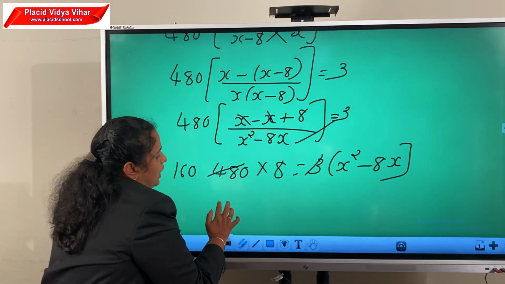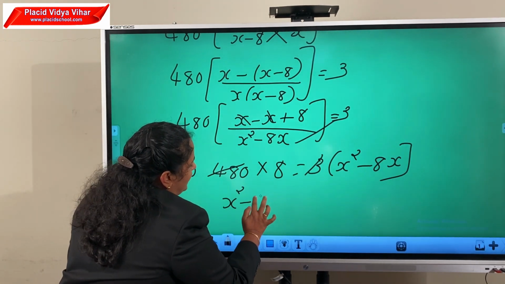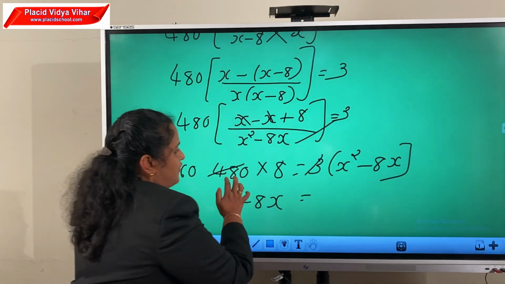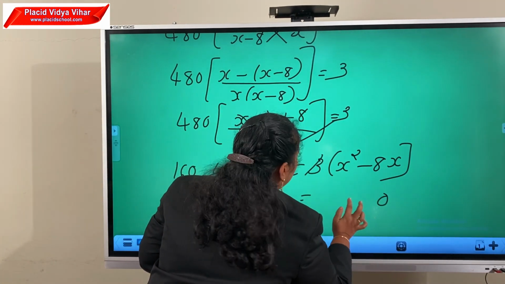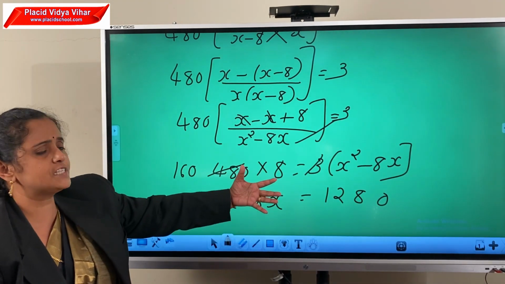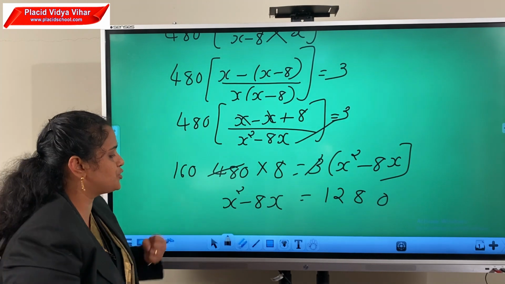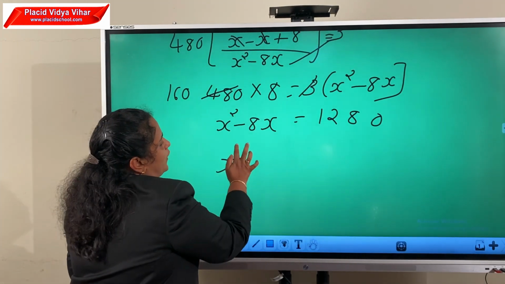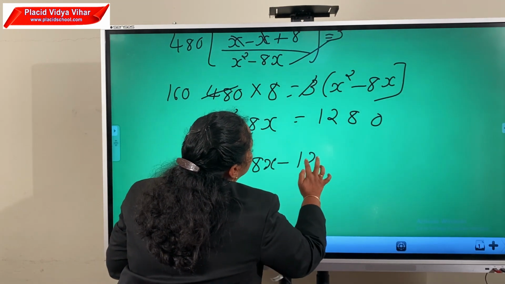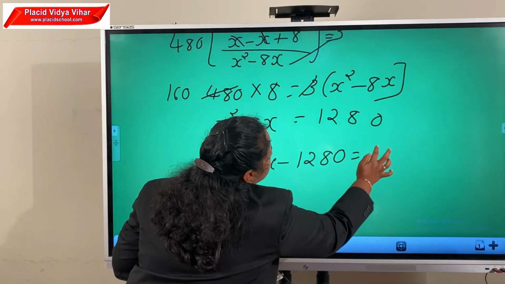That is, x square minus 8x is equal to 160 into 8. 160 into 8 is equal to 1280. That 1280 also you should transpose to this side. That is x square minus 8x minus 1280 is equal to 0.